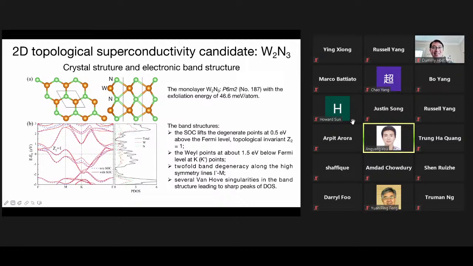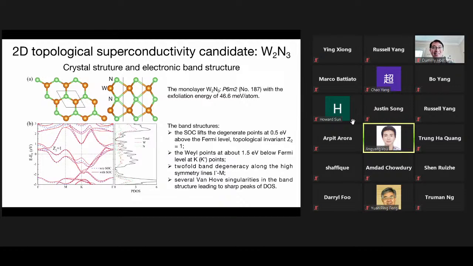W2N3. The bulk W2N3 has a van der Waals layered crystal structure with AB stacking along the 0001 direction, which was synthesized in 2012.